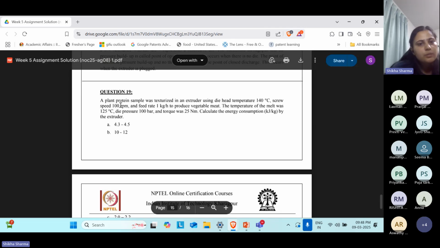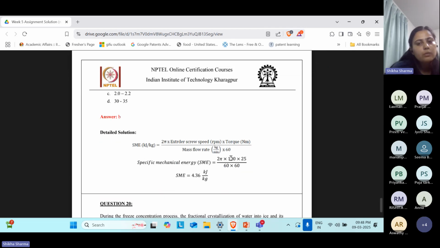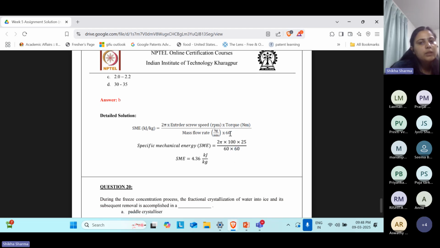Here 100 revolutions per minute is given. So we are taking 2 pi into 100 revolutions per minute into 25, the torque. But it is divided first by 60, because it is converting revolutions per minute into per second.